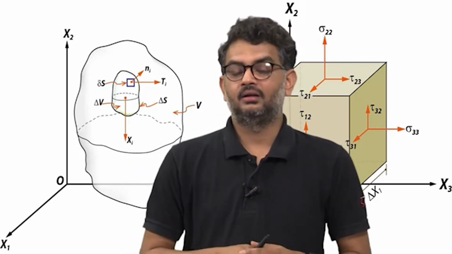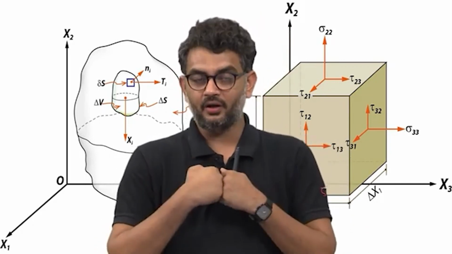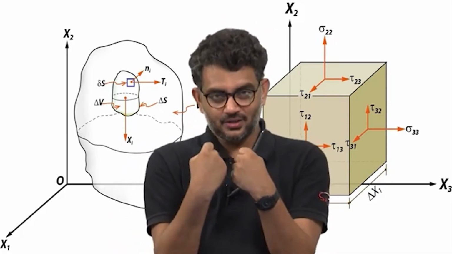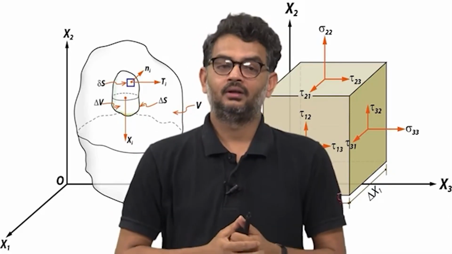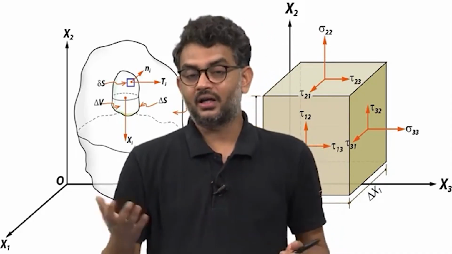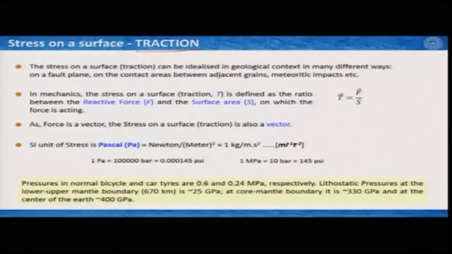Or you can imagine two grains in contact at a very micro scale, with one grain transferring its stress to the neighboring grain. That means it is generating a traction at the grain boundary. You can consider meteoritic impacts and so on. These are some very visual examples, but wherever there is a deformation, there is a traction. You can think this way.